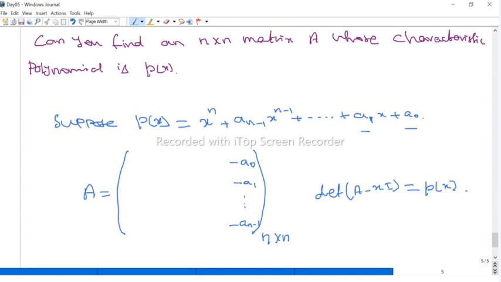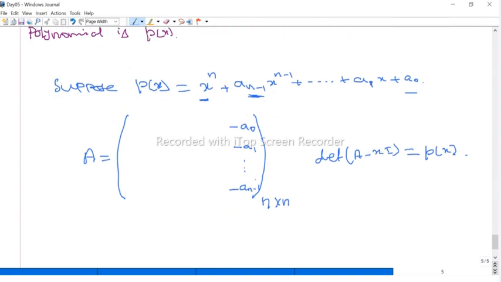There are n plus 1 terms in the polynomial, because the leading term is 1, so there are n constants, therefore we write n terms: minus a0, minus a1, etc., minus a n minus 1. So we have to write the negative of the coefficients in the last column. In the first row, the remaining n minus 1 terms, we take 0, 0, 0, etc., up to n minus 1, because the nth column is minus a0 fixed.